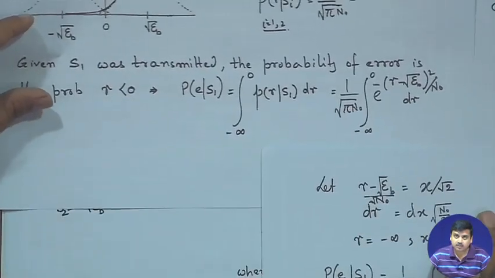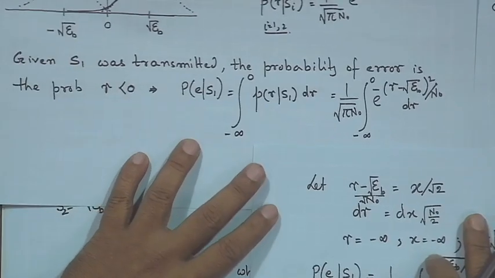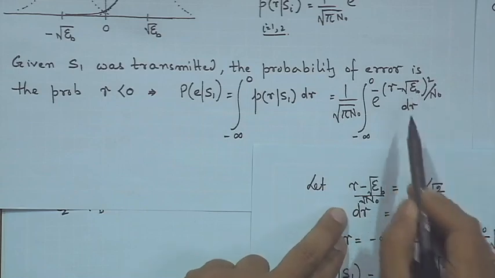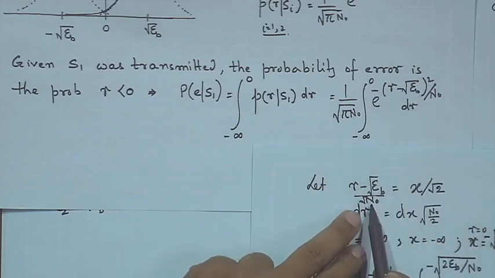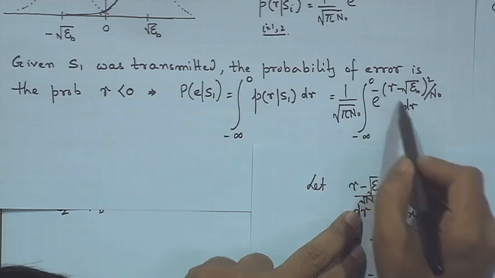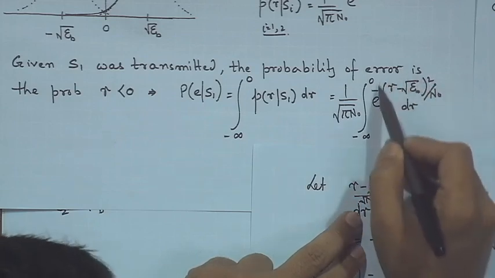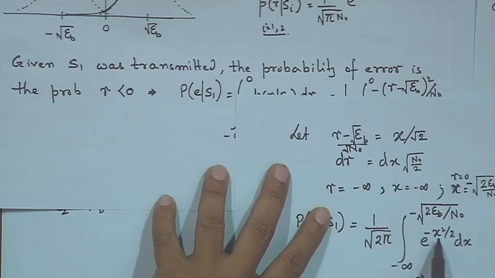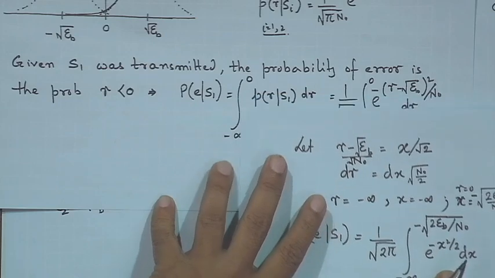With the expression that we have here, we make a substitution that (r minus root E_b) over root N_0 is x by root 2, or in other words, we want to replace this part in the integrand with e to the power of minus x squared, so that we get a well known expression and our evaluation turns out to be easier.